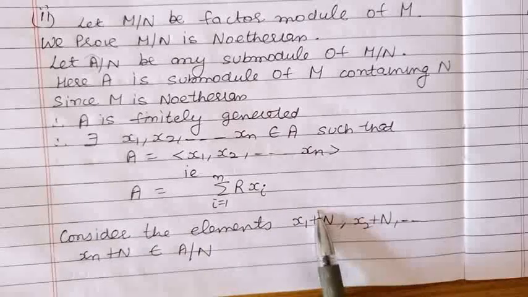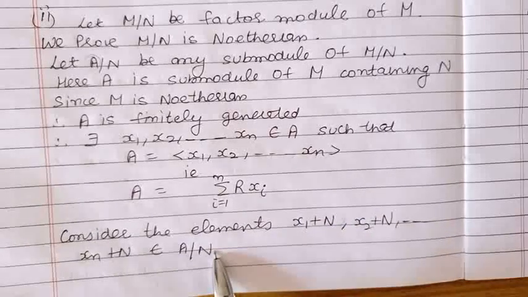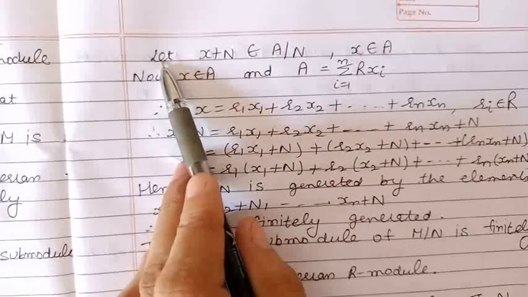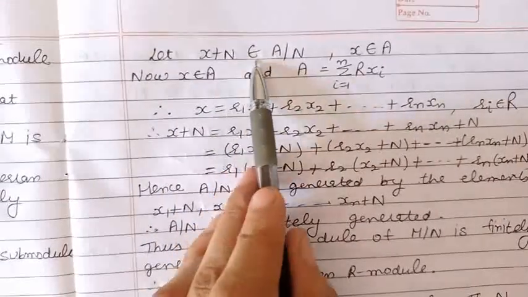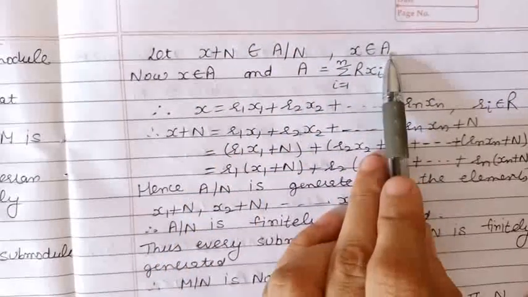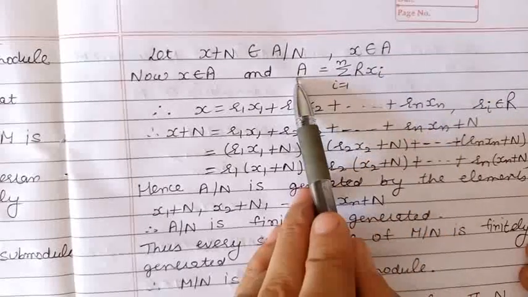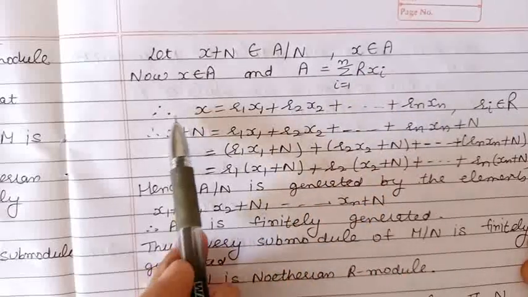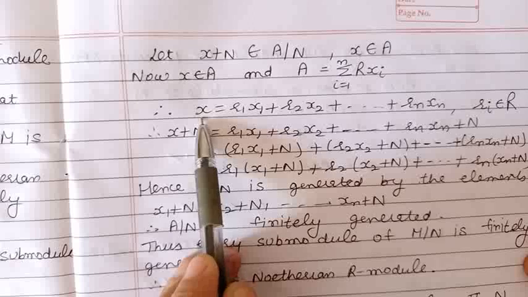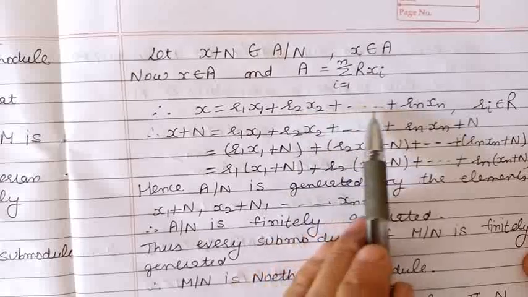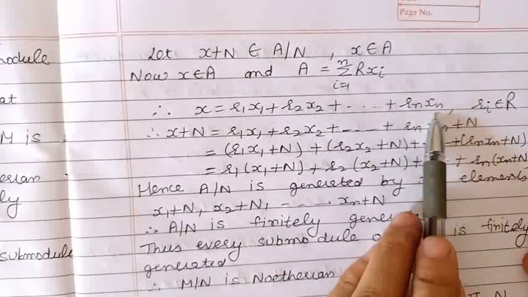So these cosets will belong to A by N. Now we prove that A by N is finitely generated. So let us take an arbitrary element x plus N belonging to A by N. Here x belongs to A. Now because A is generated by the elements x1, x2, x3 up to xn, we can write x as a linear combination r1 x1 plus r2 x2 plus r3 x3 and so on up to rn xn.